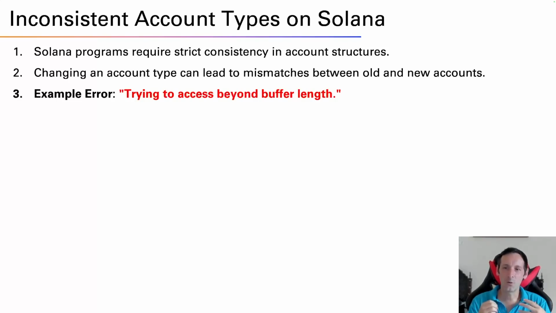So when you add that field in, and you upgrade your program and start creating those new accounts with that additional field, the problem is that when your DApp is now going to try and fetch all of these accounts of this particular type that you updated, there will be some accounts that have this field and some accounts that don't. And that's where you encounter the problem, right?